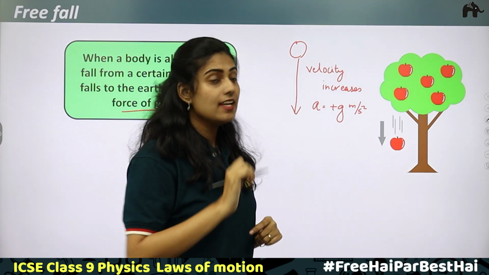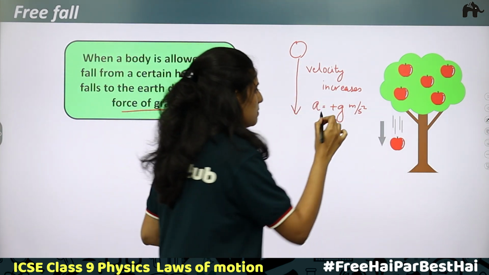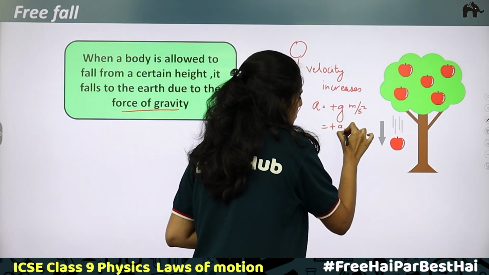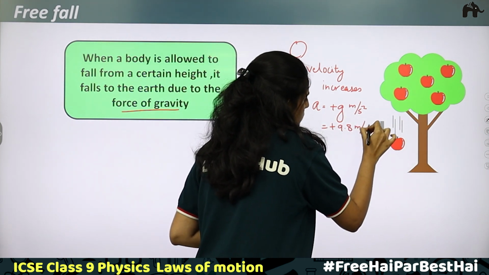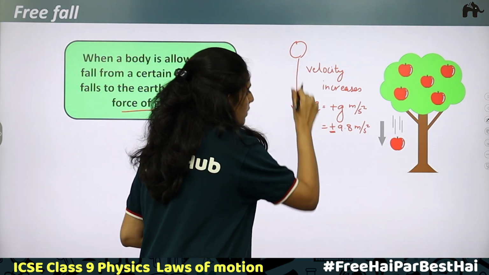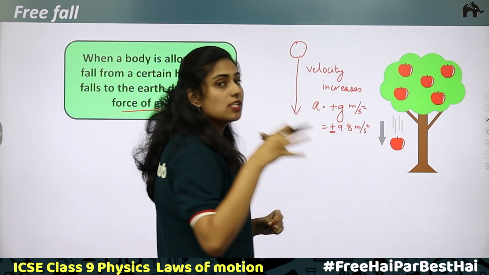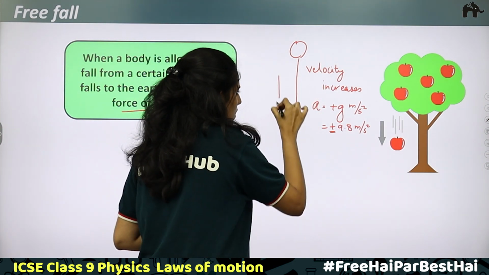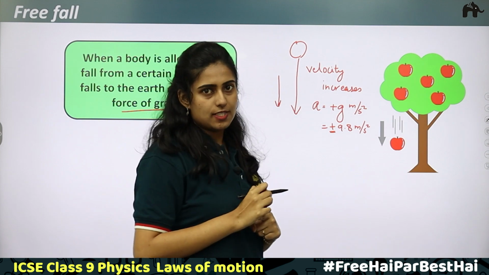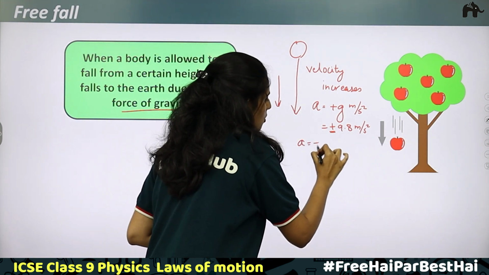We have studied that g is acceleration due to gravity, whose value is 9.8 meter per second square, plus 9.8 meter per second square. This positive sign is because the body is moving in the same direction as the direction in which the force is acting. Force is downwards and the body is also moving downwards. Clear? So here acceleration a will be positive g.